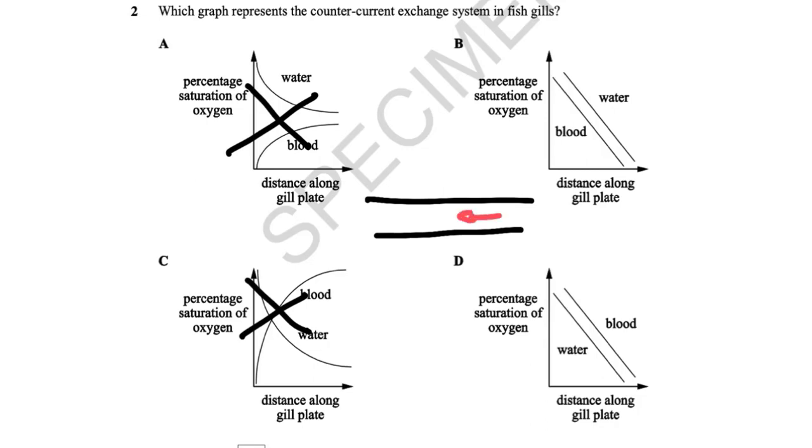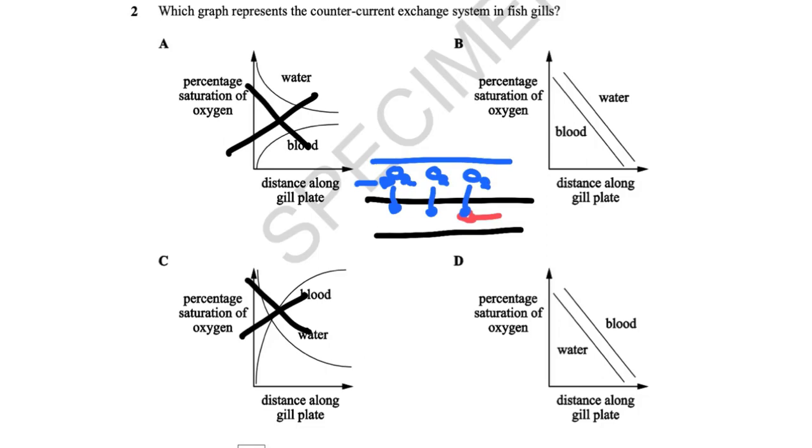And this is over the gill plate on the gill lamellae. And the reason why this is so efficient is that it maintains a concentration gradient over the entire length of the gill plate, so that the blood is always encountering water with more oxygen in it. So oxygen is always diffusing into the blood from the water.